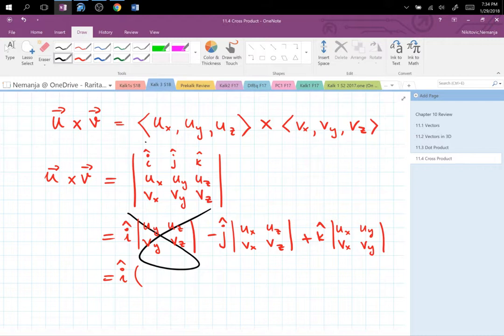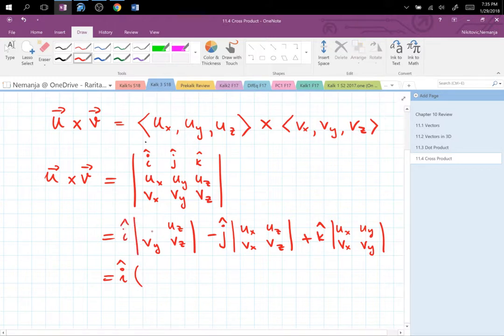If you look carefully at the symbol, you see there is like a multiplication x in the middle: uy times vz, then this flat line is a minus sign, and then another multiplication going the other way.